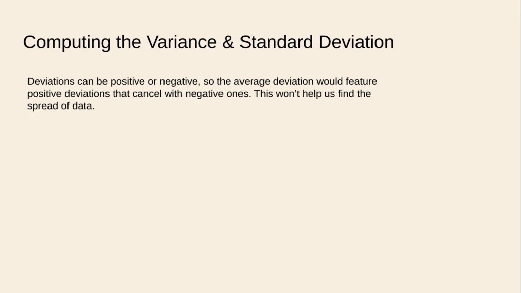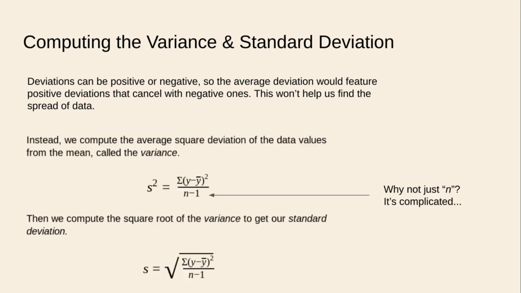I'll be honest, when I first learned statistics, what I expected statisticians to do is say, oh, well, let's just find the absolute value of all the deviations and average those. But no, statisticians have something different up their sleeves. We first compute the average squared deviation of the data values from the mean, and we call that the variance.